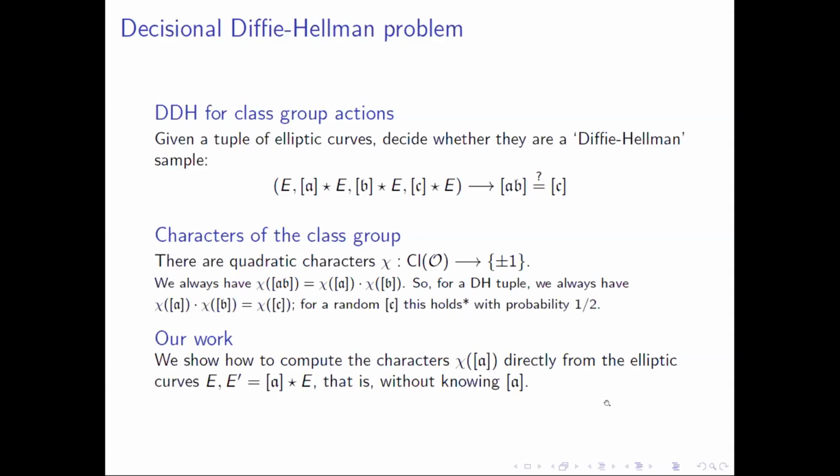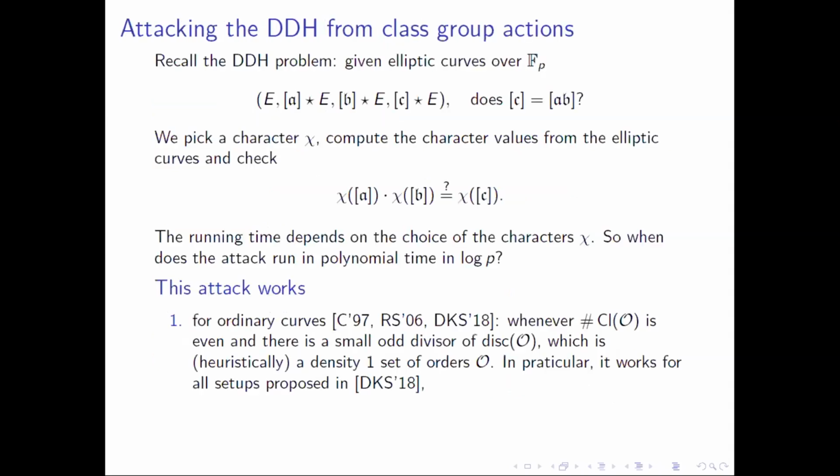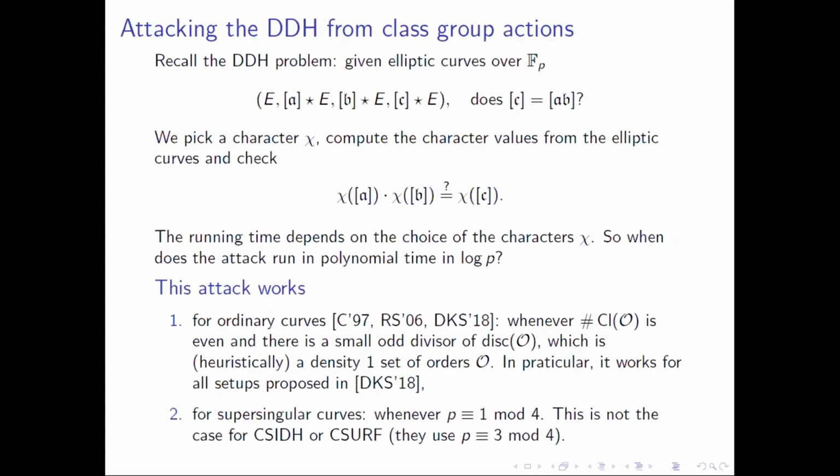Using these characters allows us to break this decisional Diffie-Hellman problem. And so let me just tell you when this attack works. The short answer is that it works in polynomial time in almost all cases. So it works for a density 1 set of cases. And so I will stop there.